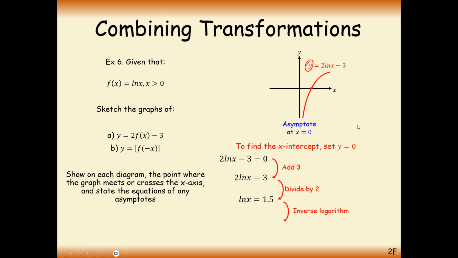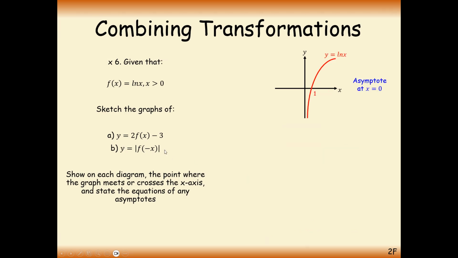We will have x equals e to the power of 1.5, which if you put it in your calculator will give you 4.48. So that's the x coordinate on the graph, or rather the x-intercept of the graph. So we've answered part A, and we are going to now consider part B.